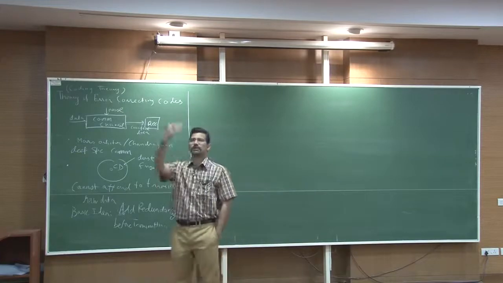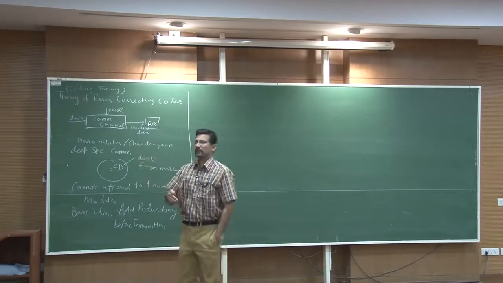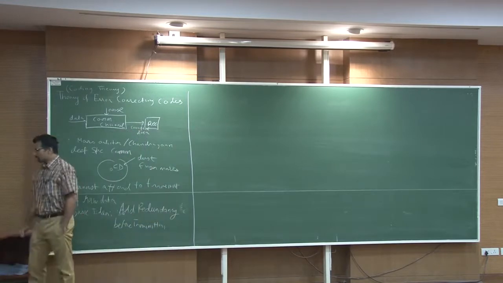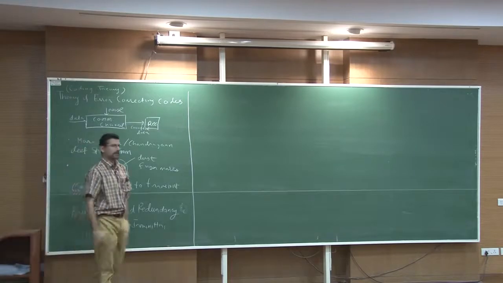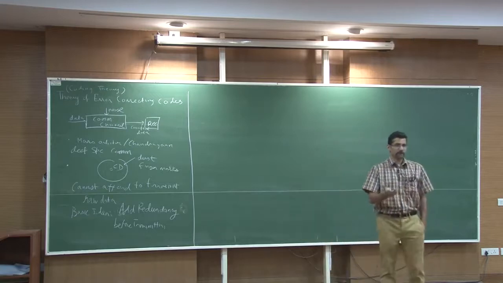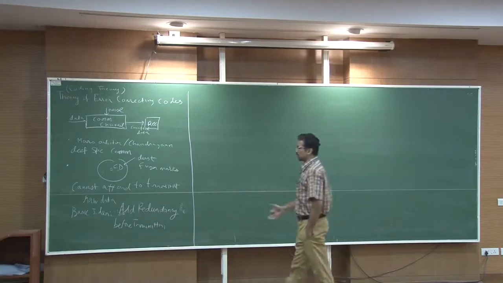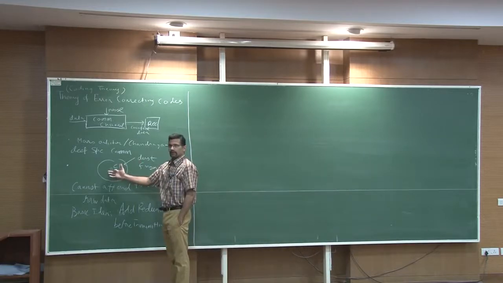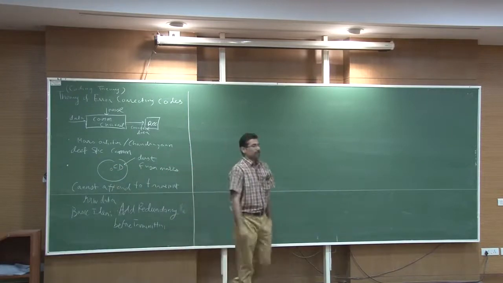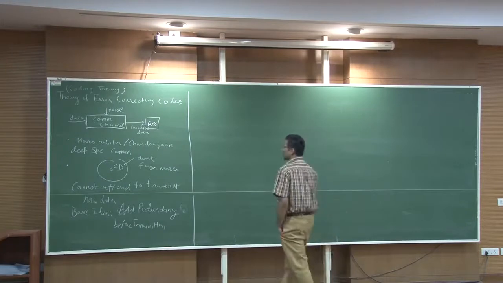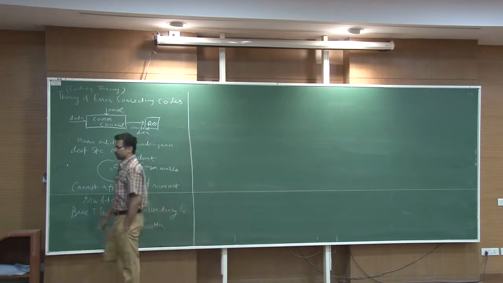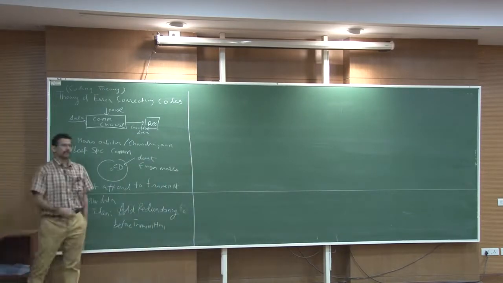If I want to reach you and there's a lot of noise, and I repeat myself twice or thrice, chances are you will get the message. But how do you make this efficient is the question. If I keep on repeating myself, I will get the message across, but it's very inefficient. In this setup, the transmission needs to be fast. So this whole theory is about how to use redundancy in order to achieve error correction. For example, you may have seen the ISBN code.